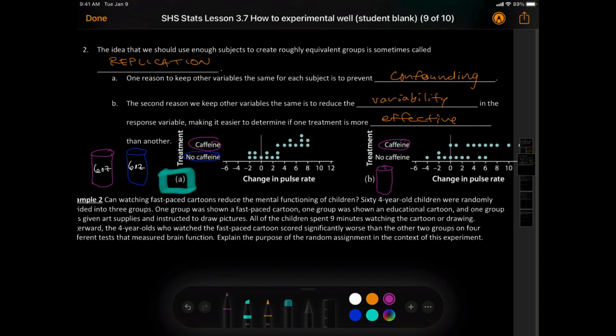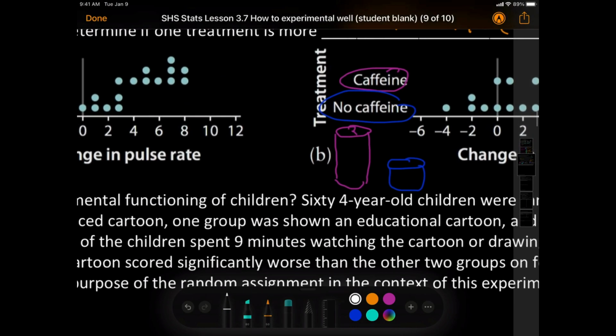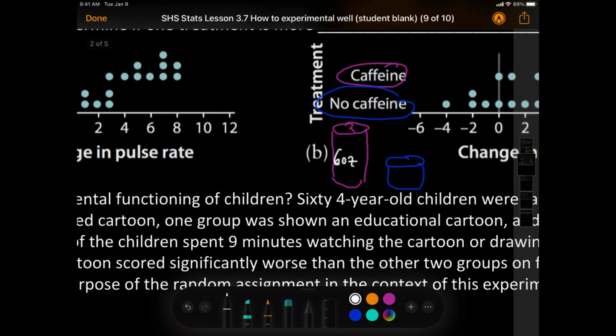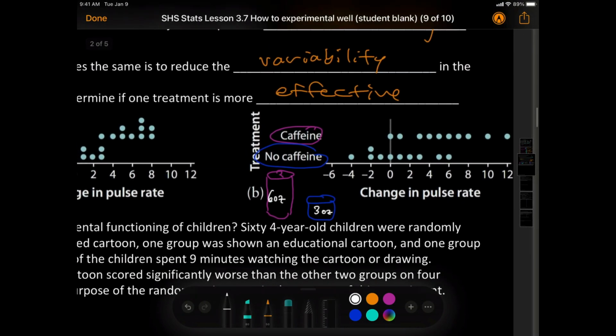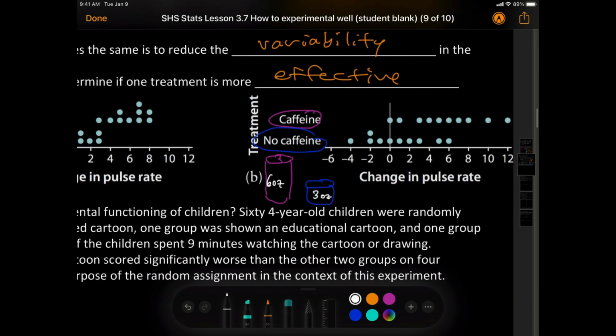So let's just be super exaggerate and make sure we make the point clear. Let's just say I give 6 ounces of caffeine and then 3 ounces of the non-caffeinated, or like Diet Coke, and then we measure their pulse rates.